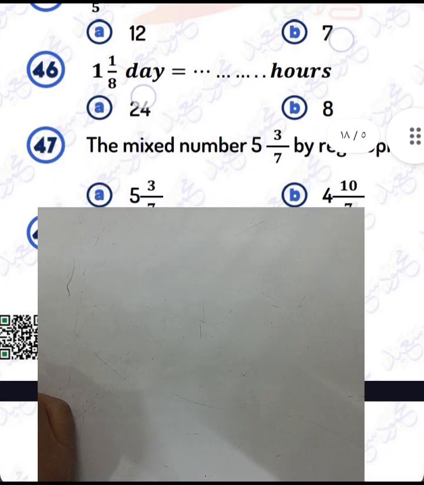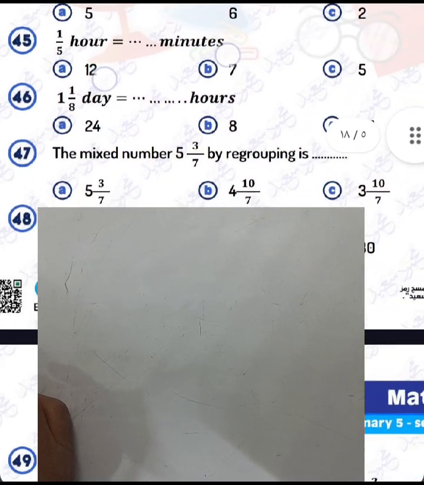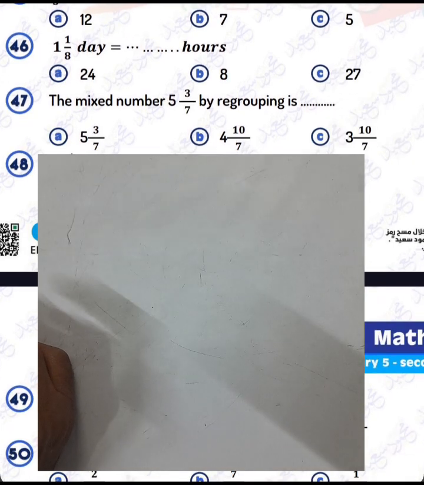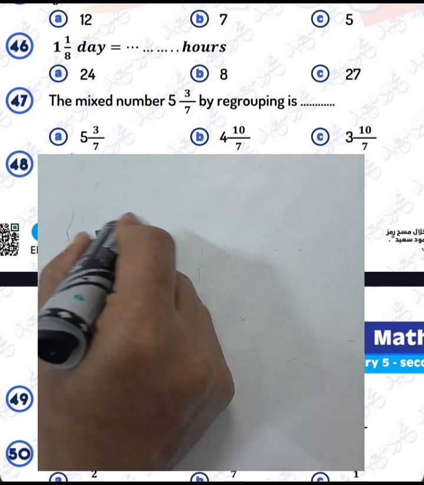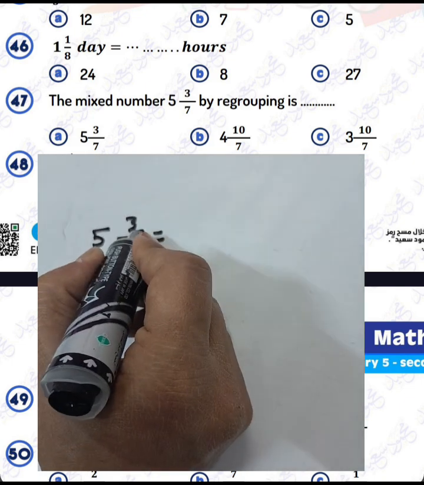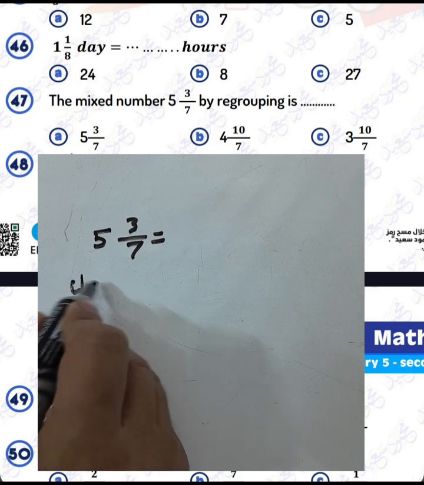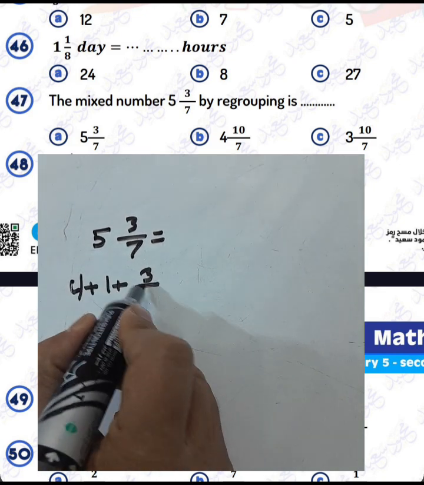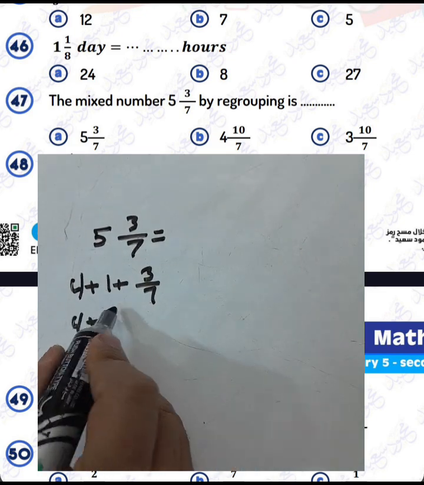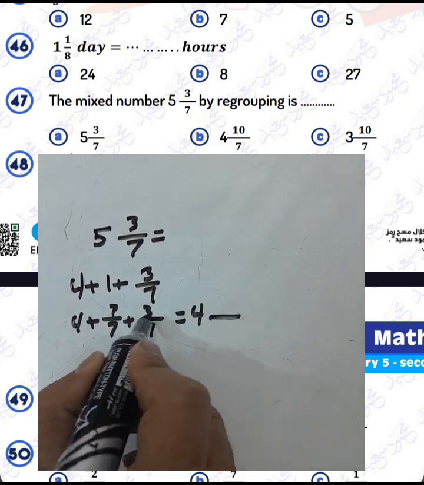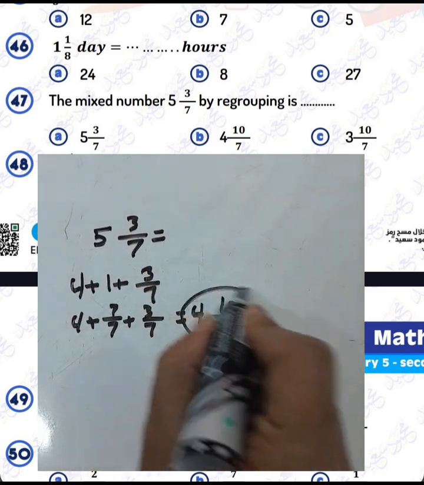The mixed number 5 and 3 over 7 by regrouping equals what? We have 5 and 3 over 7. We can convert it by borrowing 1. Write 5 here, it will be 4, and 1 and 3 over 7. And 1 will be 7 over 7 plus 3 over 7. We can write 4 and 3 plus 7 equals 10. The result will be 4 and 10 over 7.